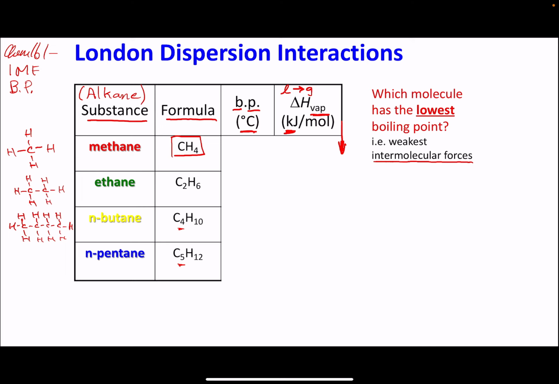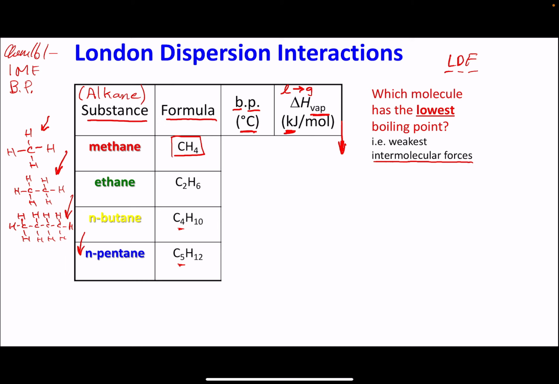Okay, so hopefully you were reminded of London dispersion forces, LDF, and how the length or the contact area that a molecule can make with twin molecules nearby is our predictor for how strong the intermolecular forces due to London dispersion forces may be. Here I see a very small carbon chain, a medium carbon chain, a longer carbon chain, and probably the longest in this series would be the C5 equivalent.